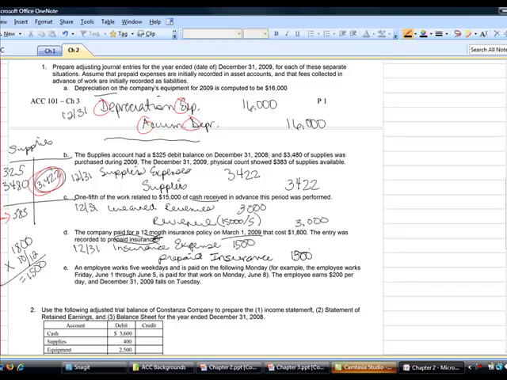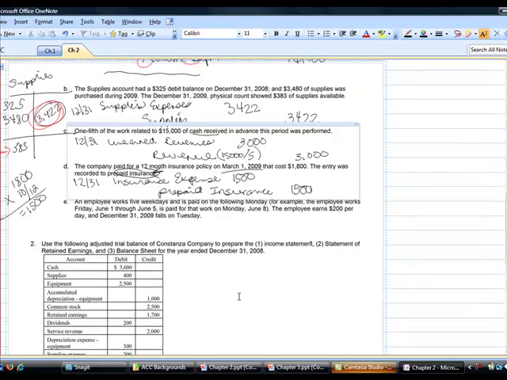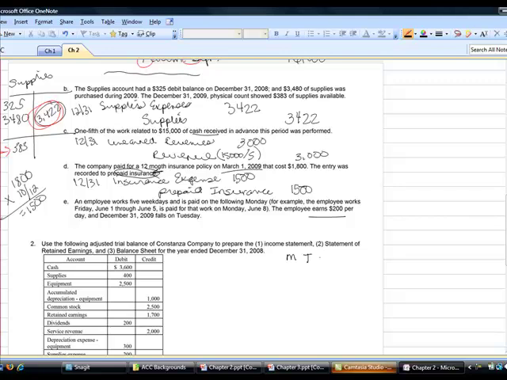Okay, and then finally E says an employee works 5 weekdays and is paid on the following Monday. The employee earns $200 per day and December 31st falls on a Tuesday. Okay, so go here and do your Monday, Tuesday, Wednesday, Thursday, Friday.